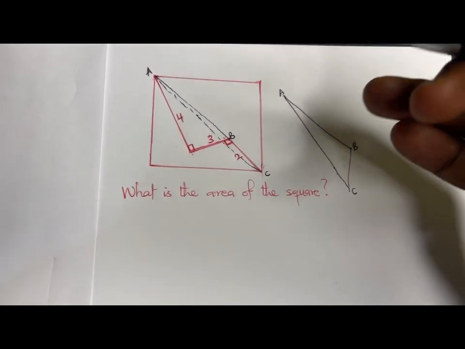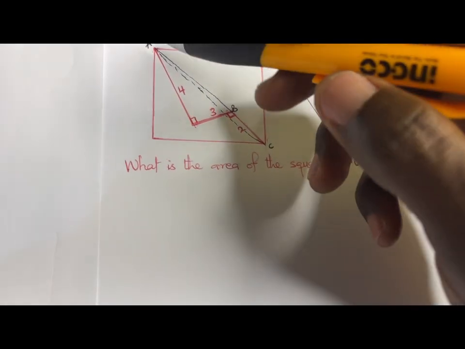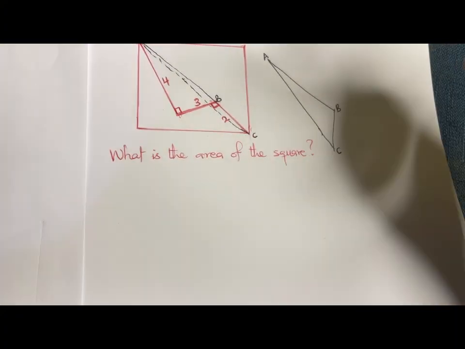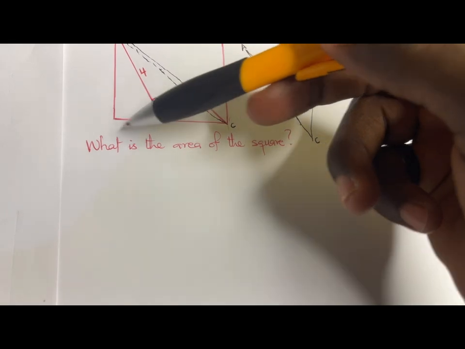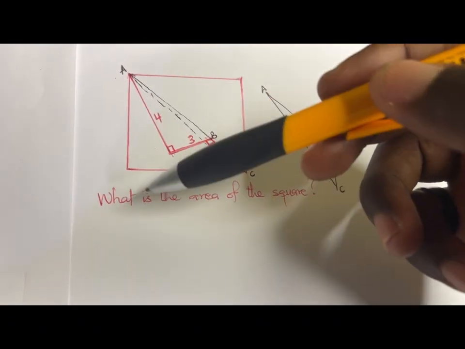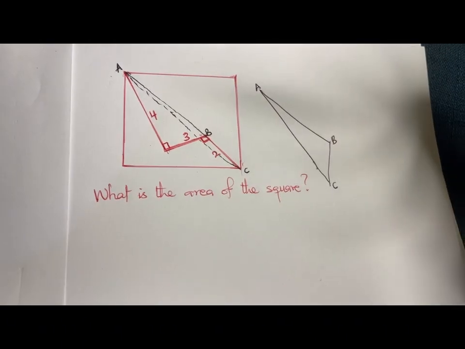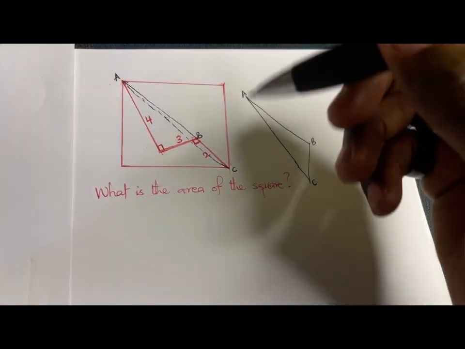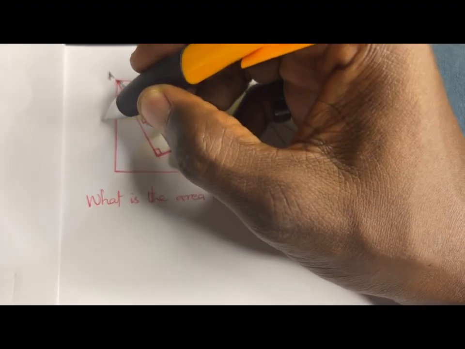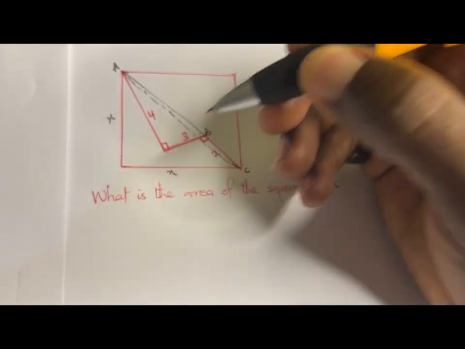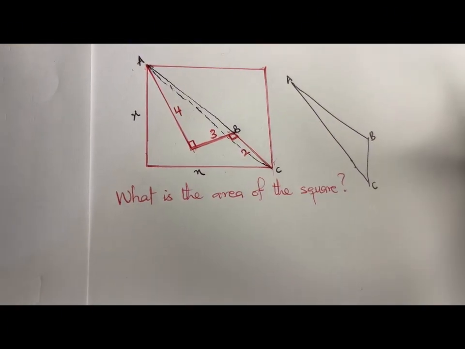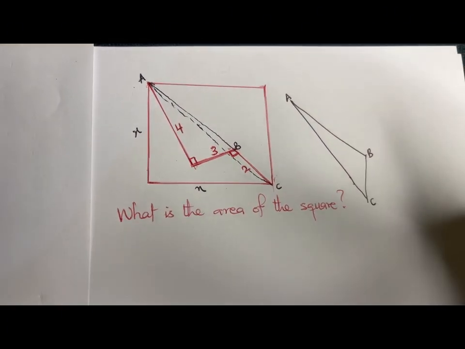So the idea here is to get the diagonal. So when we get the length of the diagonal, that is A to C, we will be able to find the area of the square. Remember, the length here is x, then the other length also will be x.